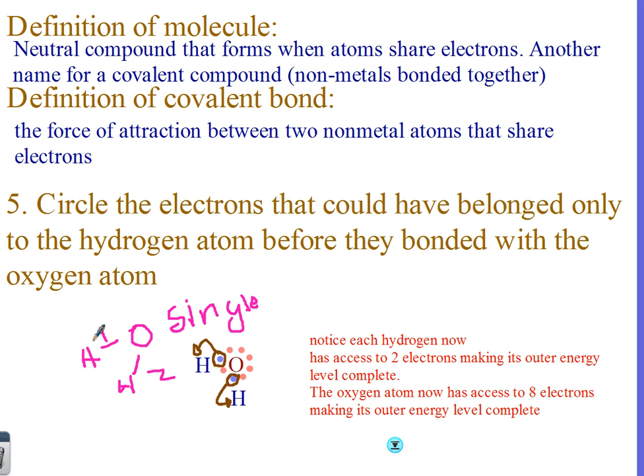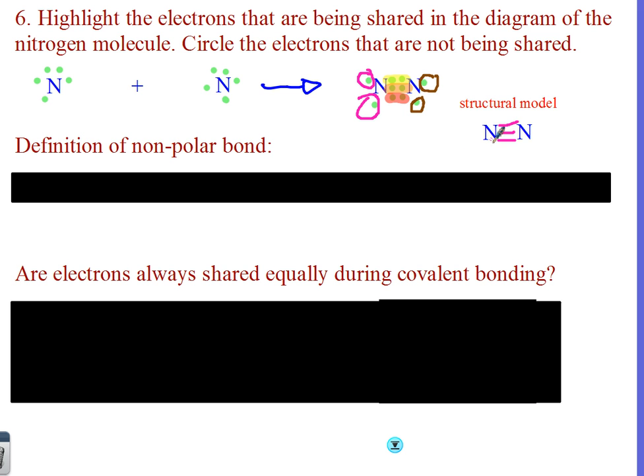There's 1 shared pair between this guy and 1 shared pair here. So you have 2 single covalent bonds in a water molecule and 1 triple covalent bond in a nitrogen molecule. Remember, there are several diatomic molecules you need to have memorized, and it's a good idea that you can figure out what kind of bond they have as well.